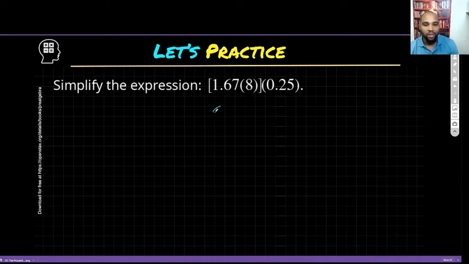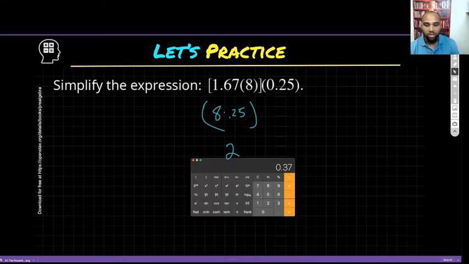However, if I put 8 times 0.25 together, that's pretty much asking me what is 8 quarters. So 8 quarters is like $2. So this would be 2. Let me double check that, or just show it to you that it's true. 8 times 0.25, so yeah, it's $2.